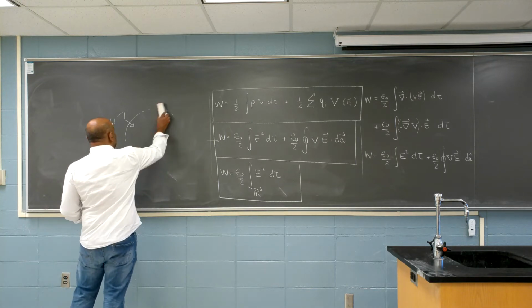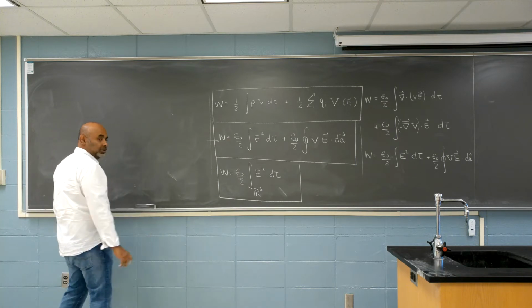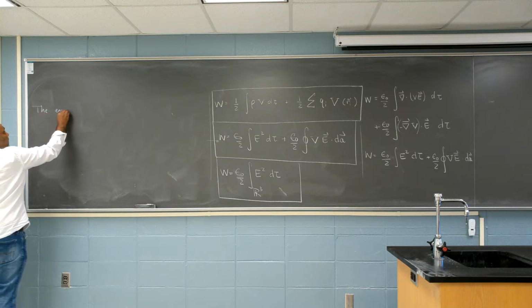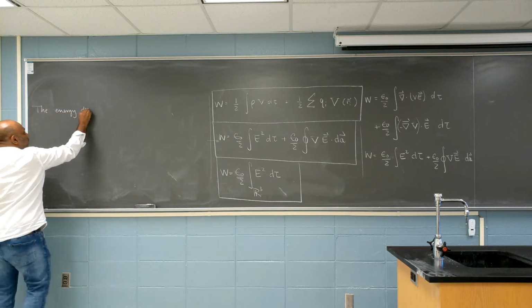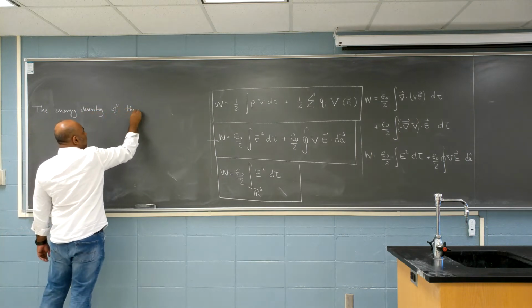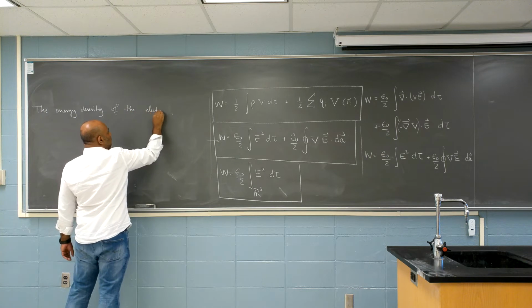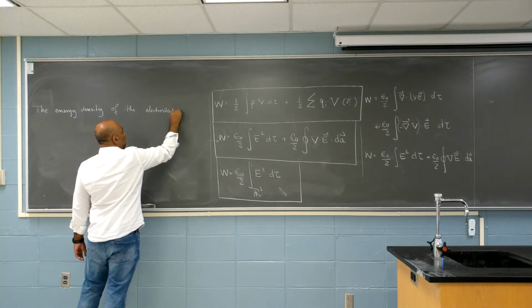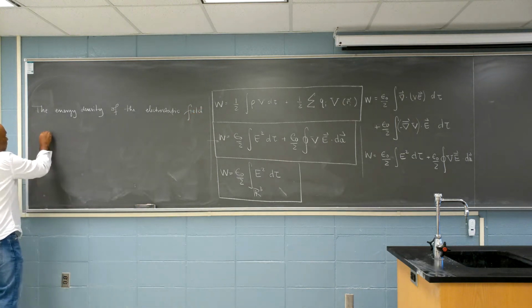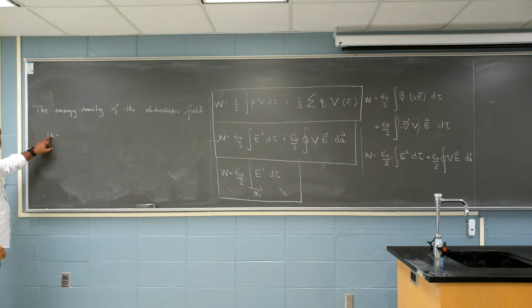This leads to a nice interpretation. The energy density of the electrostatic field, U is a symbol for that. Well, energy density is something such that when you integrate it over all volume, you get the total energy.